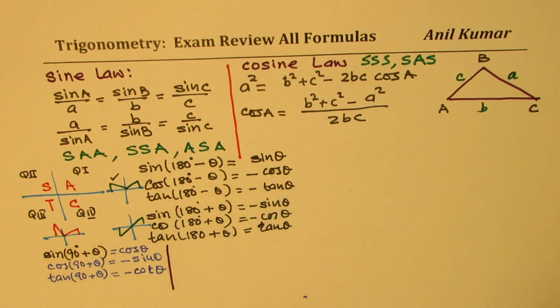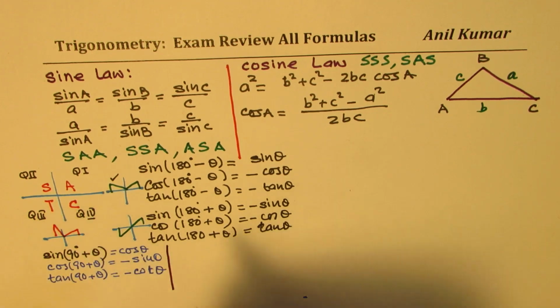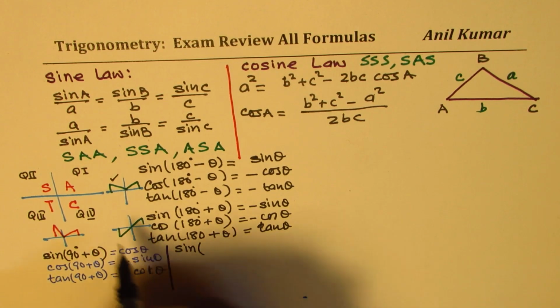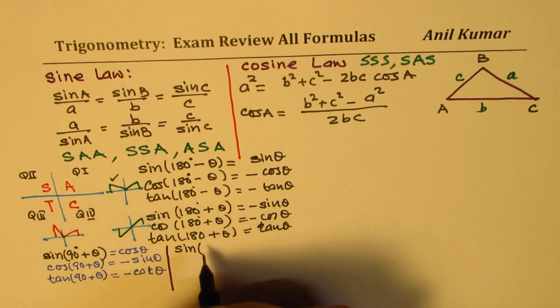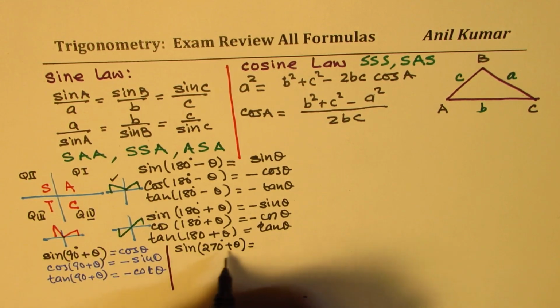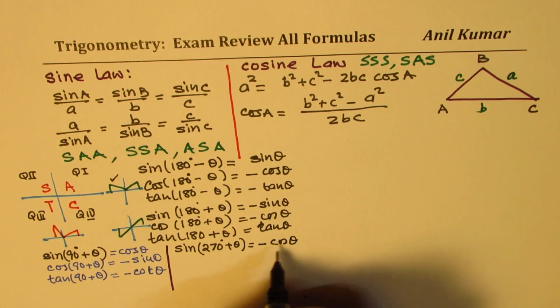We can extend these formulas and write so many more, but I'll just take the last example related to this series, which will be 270 plus theta, so that we talk about quadrant 4 now. So we could have a situation where the point is in quadrant 4, and we could have 270 degrees plus theta. Now in quadrant 4, sine is negative, so we'll have minus cos theta as the equivalent ratio.